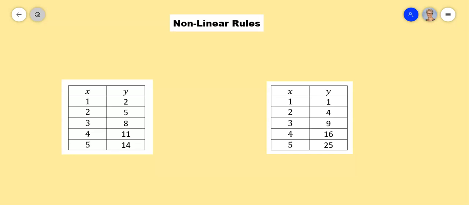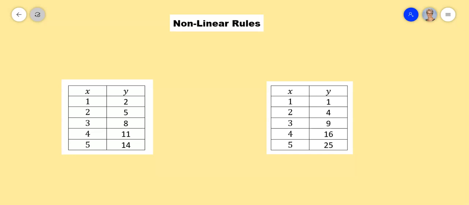If you're not sure how to do this, what you should always look at is the numbers in the Y column. And what we look at particularly is whether they are increasing or decreasing as you go down the column, and if they are increasing by the same amount each time.